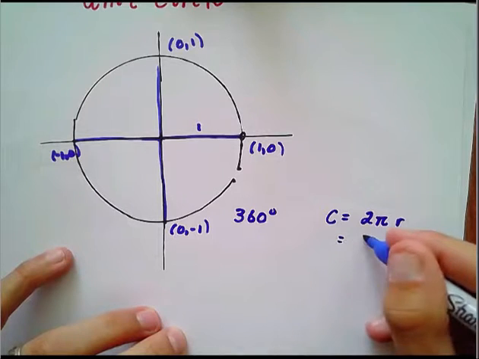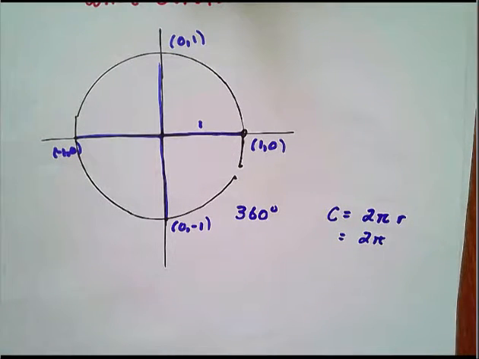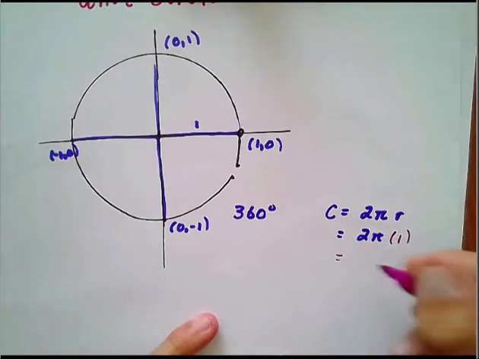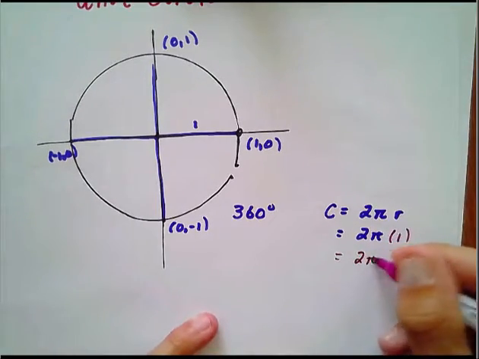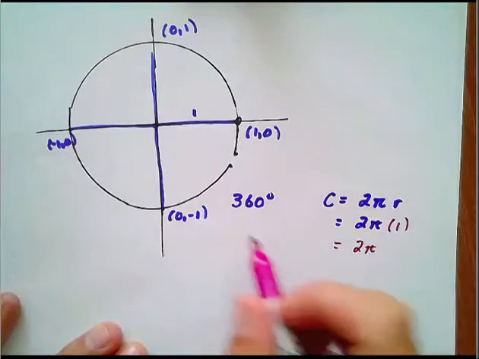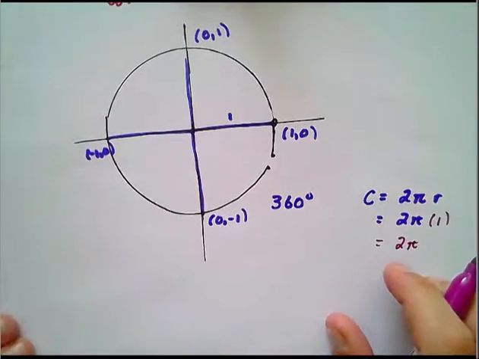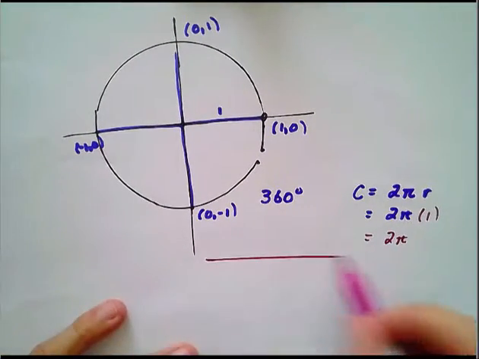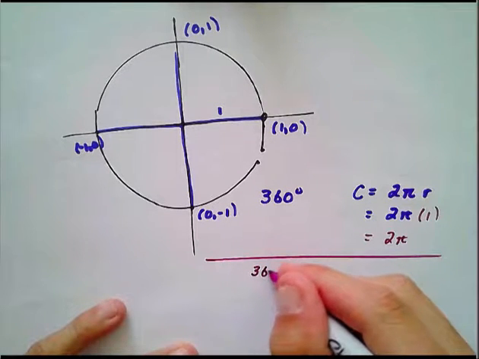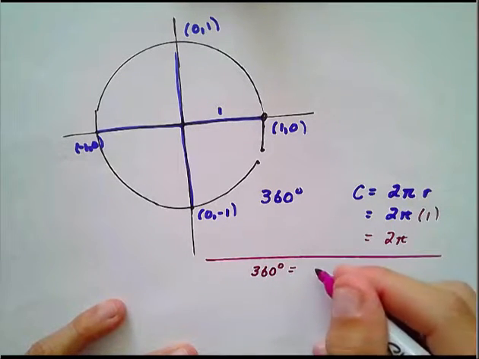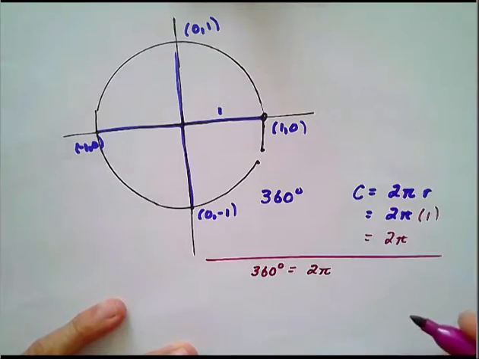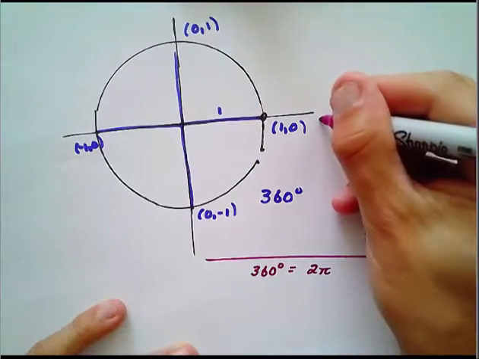In this case, the radius is, hopefully you can guess it, 1. So the circumference, one time around, is 2 pi. So there's our first big relationship. We know that 360 degrees is equal to 2 pi. So if we go once around, we can say that's 2 pi.